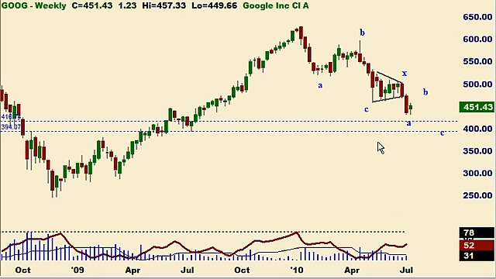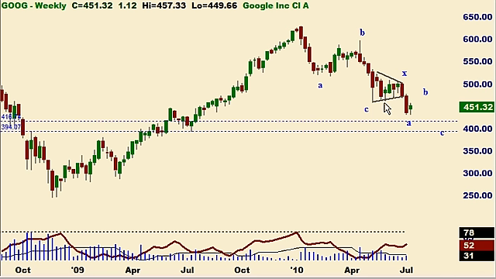And the nice thing about this is it fits pretty well with our large double zigzag pattern in the Nasdaq and the S&P. And also it would target the area around 400 for Google. You have a prior congestion there.